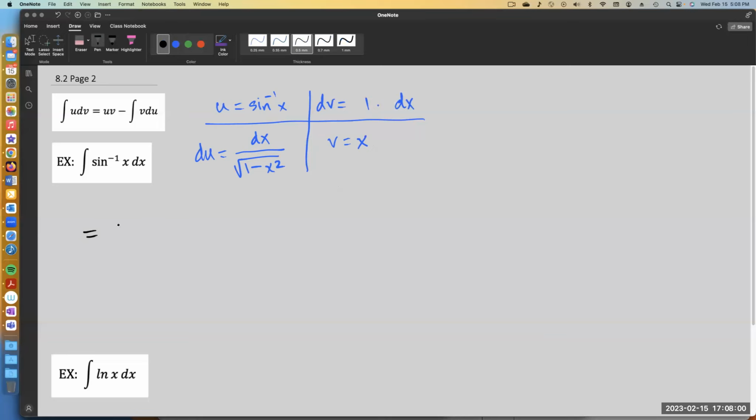We do UV, the main diagonal, minus the integral of the bottom row, V dU. We're always going to do the main diagonal minus the bottom row.